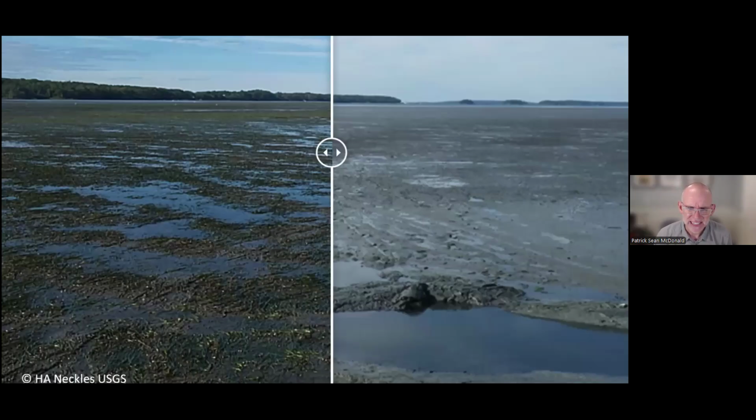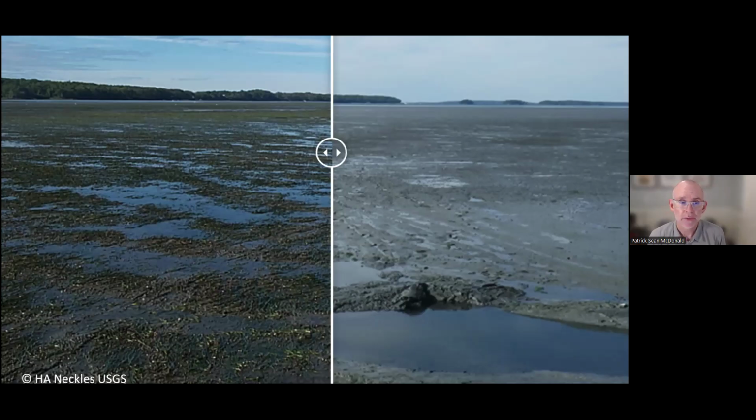And just to give you an idea of what kind of impacts they have had around the globe, on the left-hand side of this image was a very large eelgrass meadow, in this case in Maine. And on the right-hand side, you're looking at the same area about a year later, after a really large explosion of the green crab population in that region.